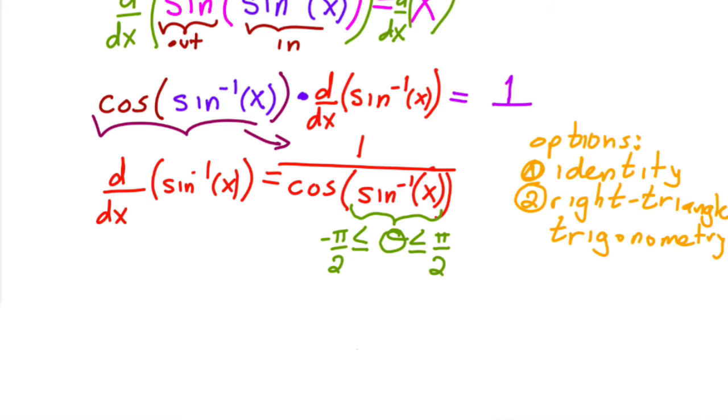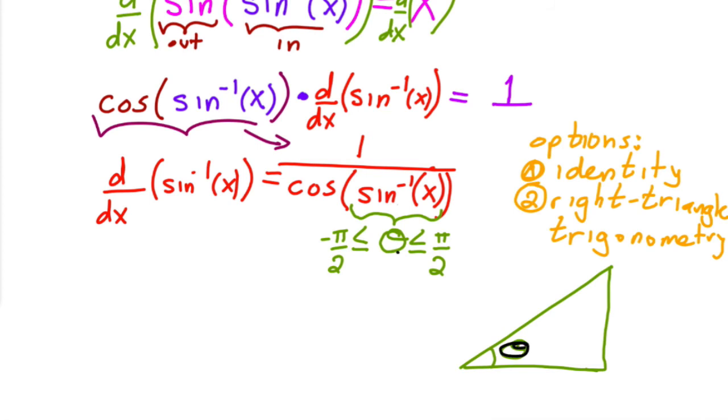Now, let me draw a right triangle. Let's say this is theta, then what this is saying is that theta is the angle. Theta is the angle. Okay, are you guys paying attention?